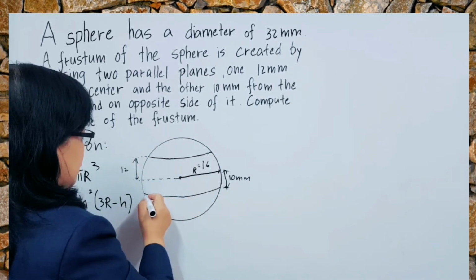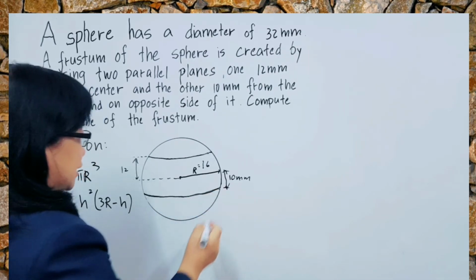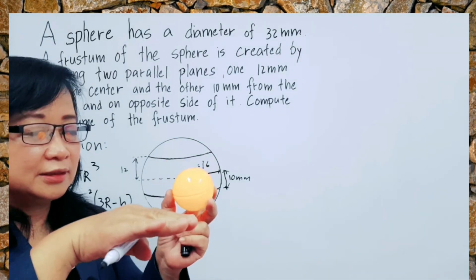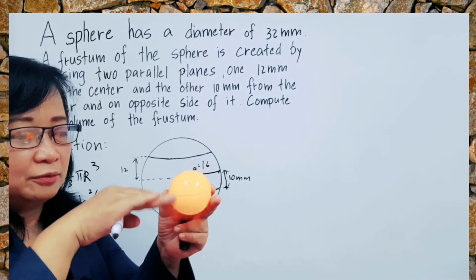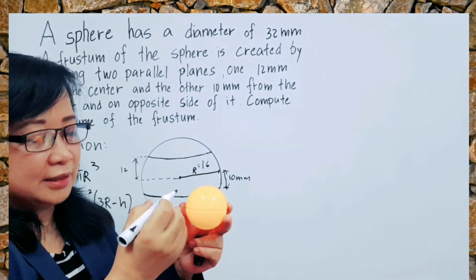Now, this is the first plane and this is the second plane. It's like, for example, this one. You will cut it here and you will cut it down with a horizontal plane. Cut it like this, for example.